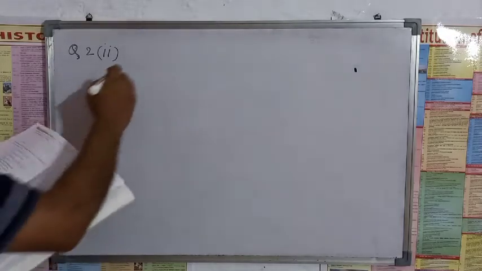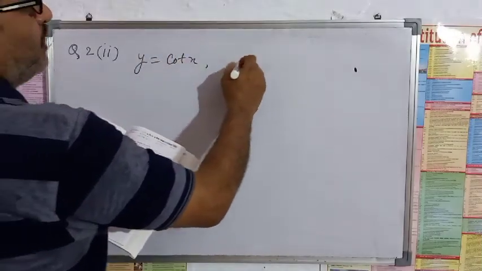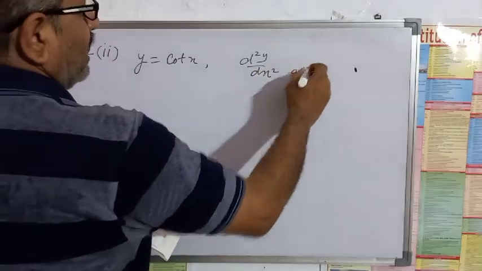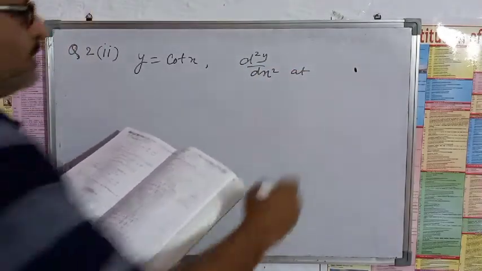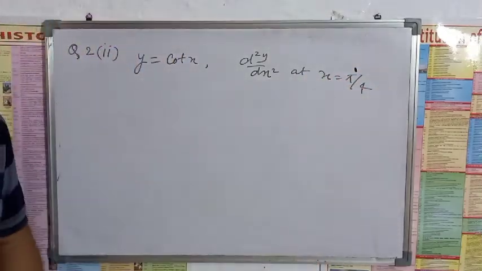Y is equal to cot x. We have to find d2y by dx square at x is equal to pi by 4. Firstly, we have to differentiate it 2 times, and after that put x is equal to pi by 4.